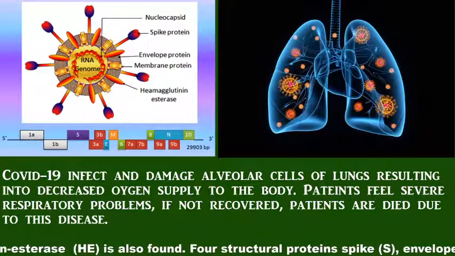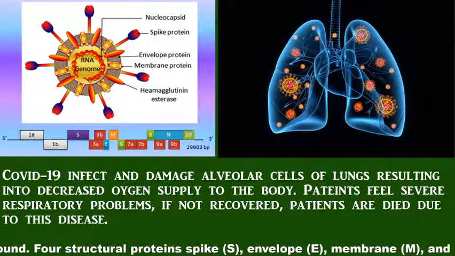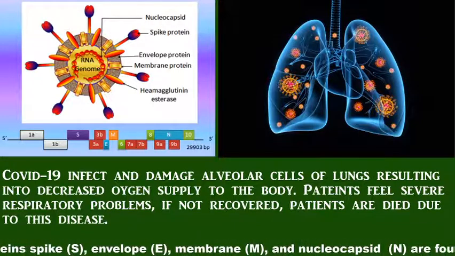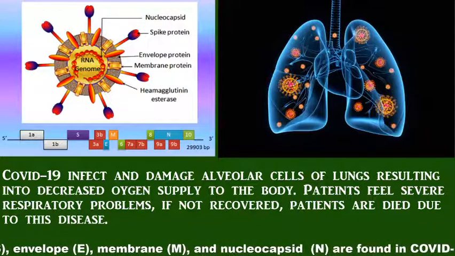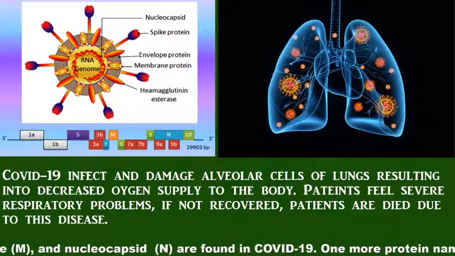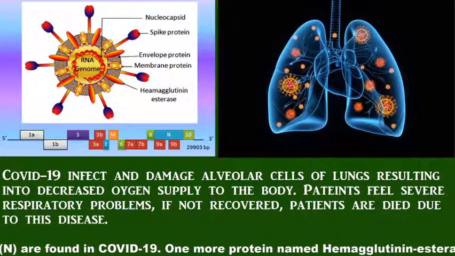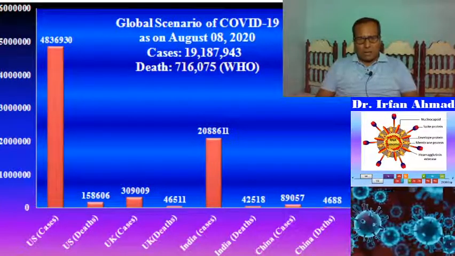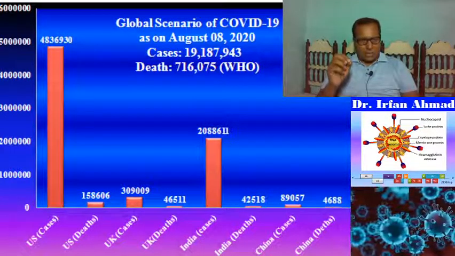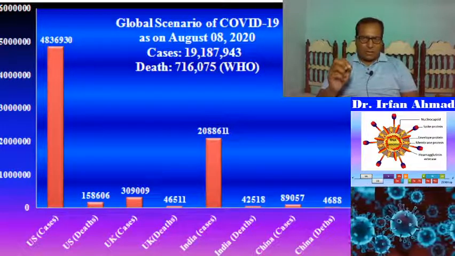These structural components include nucleocapsid, spike protein, envelope protein, membrane protein, hemagglutinin esterase, and other molecular biology of this virus and molecular pathophysiology will be discussed in our next coming video.